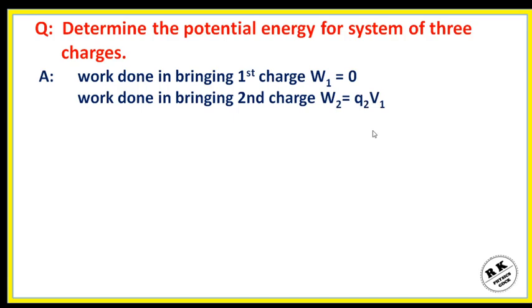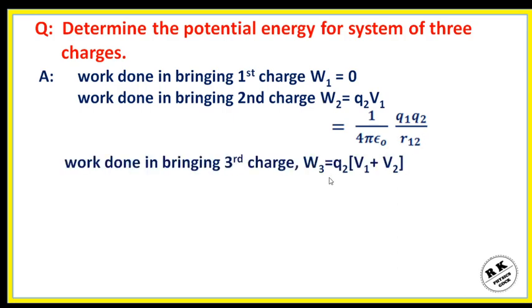Similarly, for W3, it is assumed that the charges are Q1, Q2 and Q3. Now the distance between Q1 and Q2 is R12. So this W2 can be written as 1 by 4 pi epsilon naught times Q1 Q2 by R12.